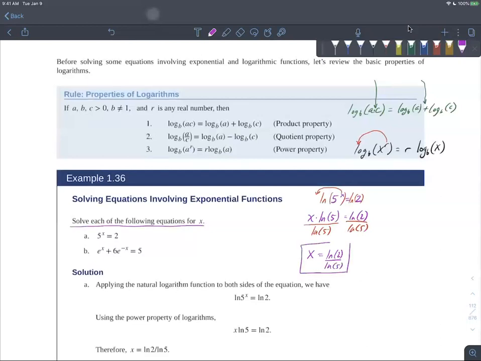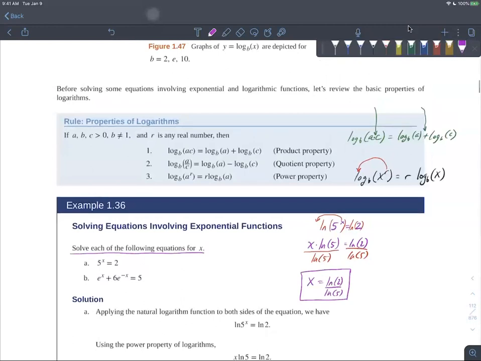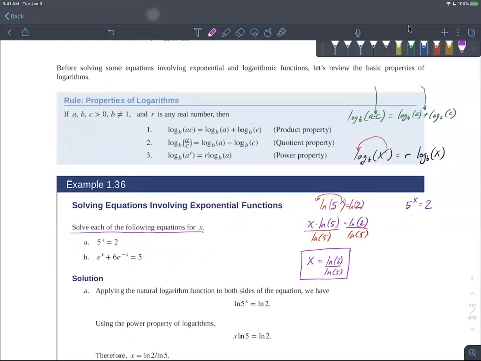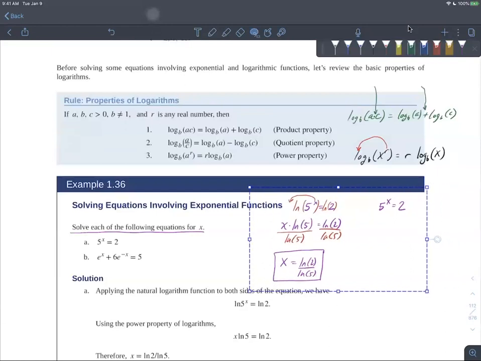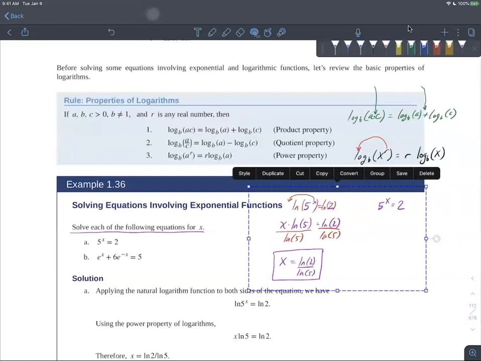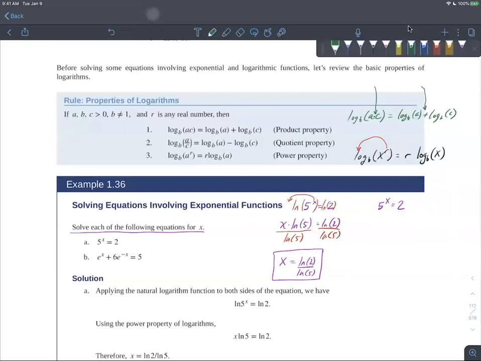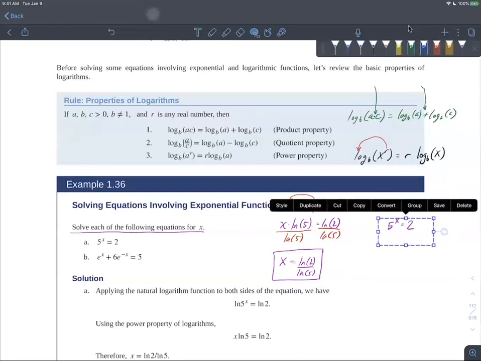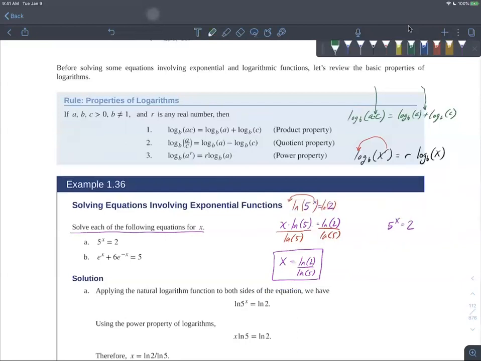Now, I was thinking of a different way to solve this, so let me solve it one more way, just because that was my initial thought. 5 to the x equals 2. I was actually going to use the equivalent statement that we were given for logarithms and exponentials a little while ago.